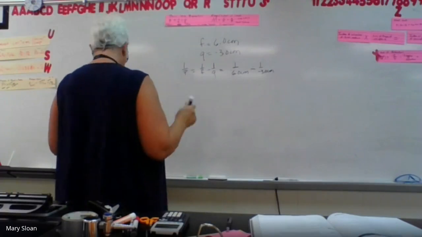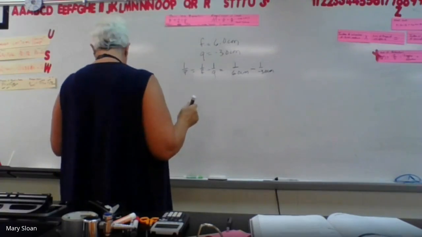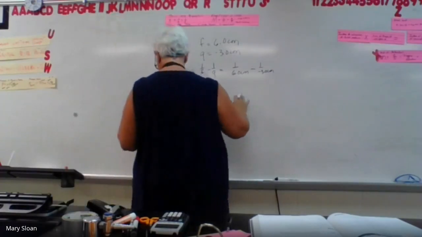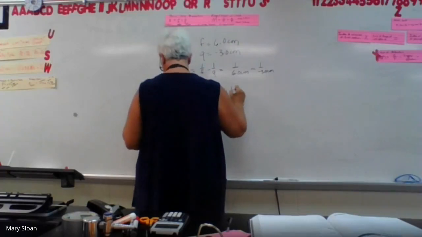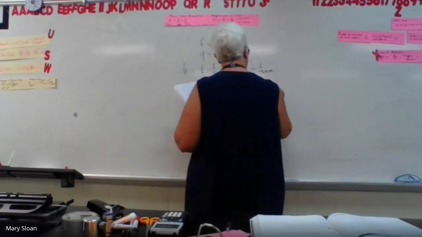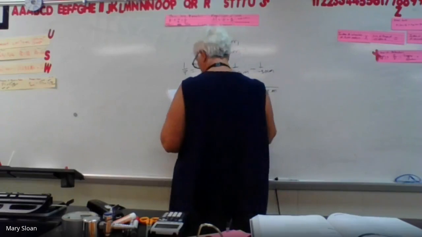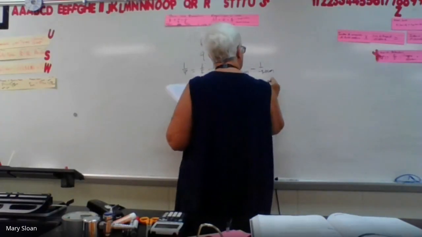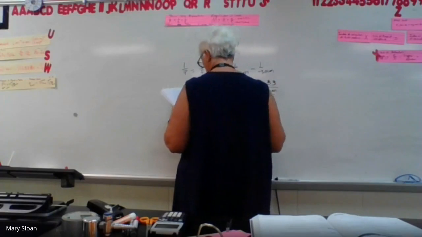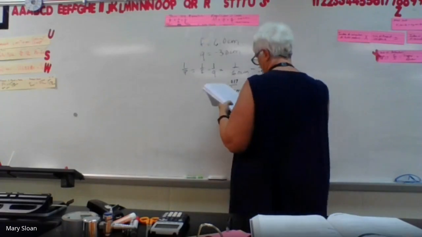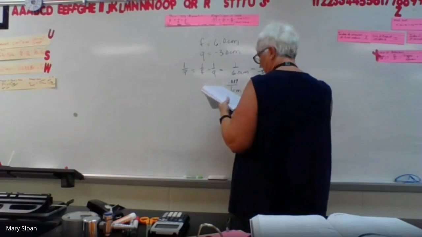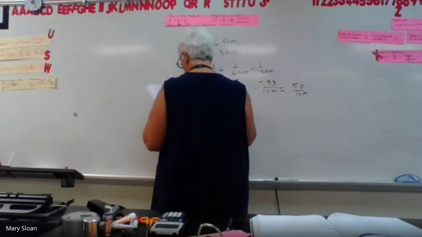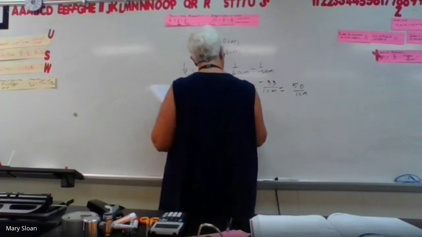I went back and I changed them. I think I did this one straight way. No, I didn't. So then what I did is I changed it to 1 over centimeter. And so I have 0.017 and 0.33 negative, which I got 50 over 1 centimeter, which means P equals 2.0 centimeters.